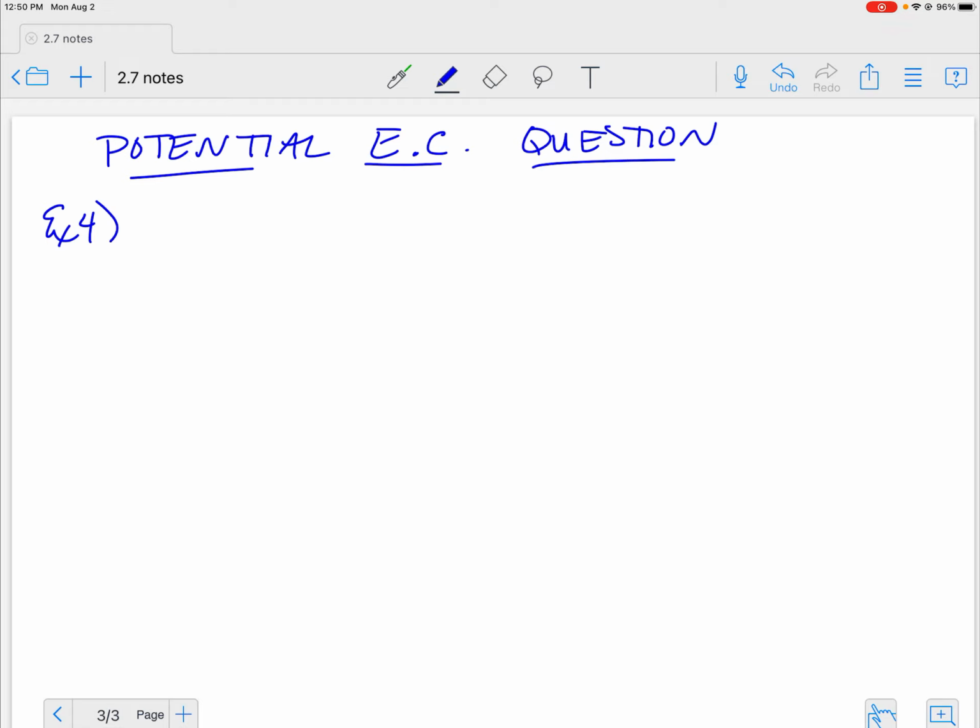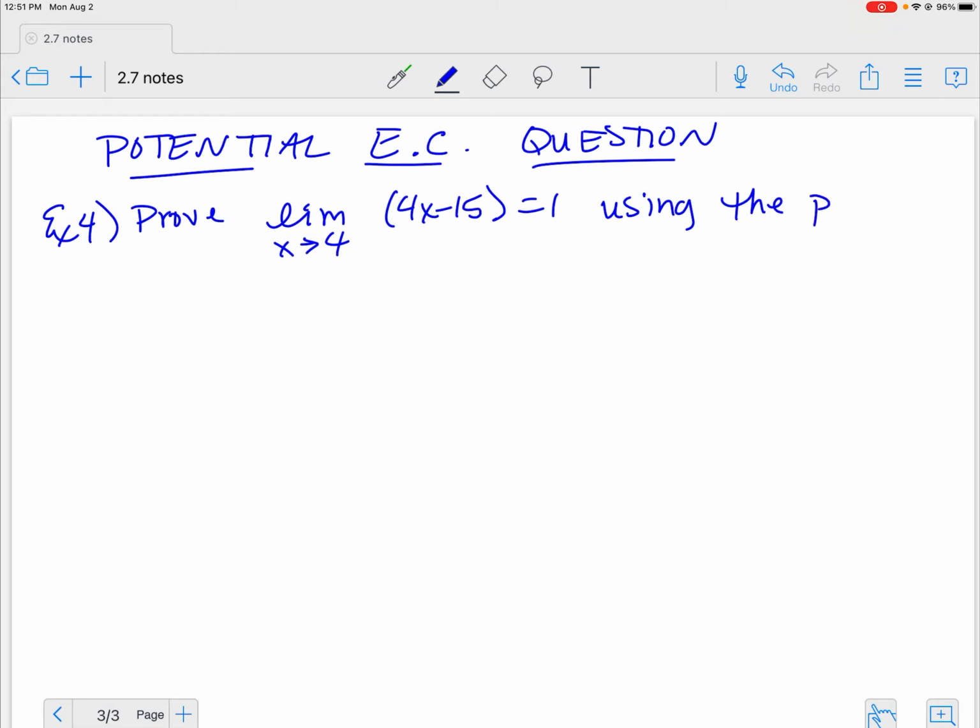So if you're going to make the proof behind what this is, not just look at the graph, but do the actual math proof, then here's what this would look like. If we want to prove that the limit as x approaches 4 of 4x minus 15 is equal to 1, using the precise definition of a limit, right?